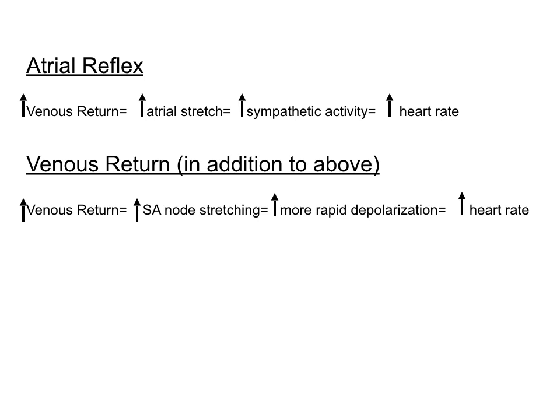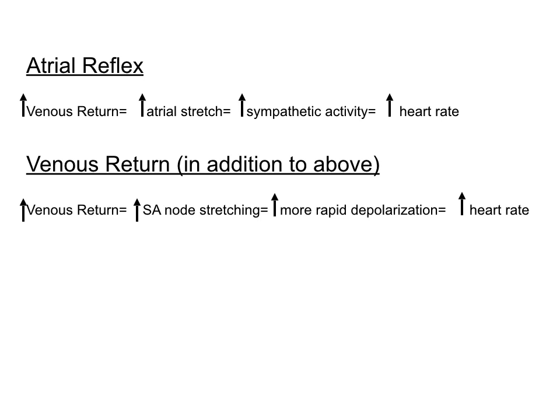However, venous return does have another effect on heart rate in addition to being part of this atrial reflex. If you think about venous return and you've got this increase in volume, you'd have this increase in volume inside the right atrium, correct?